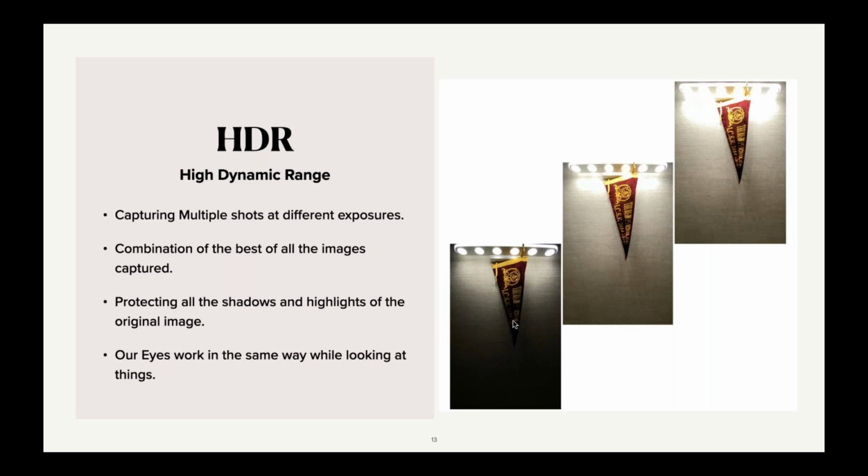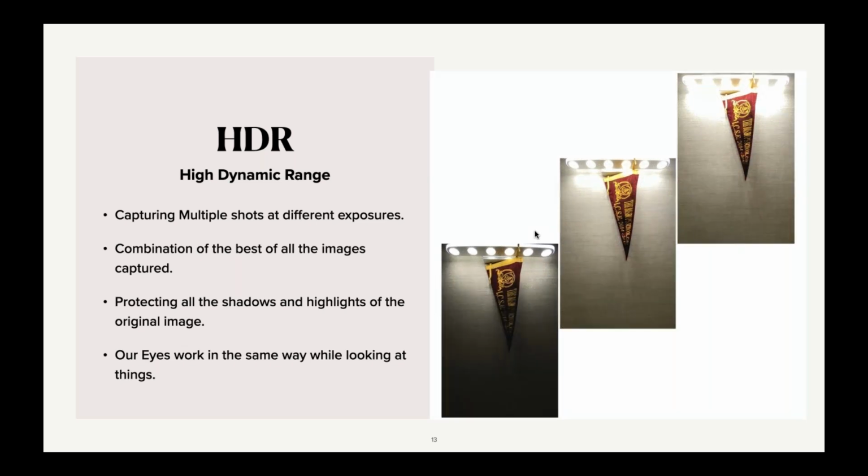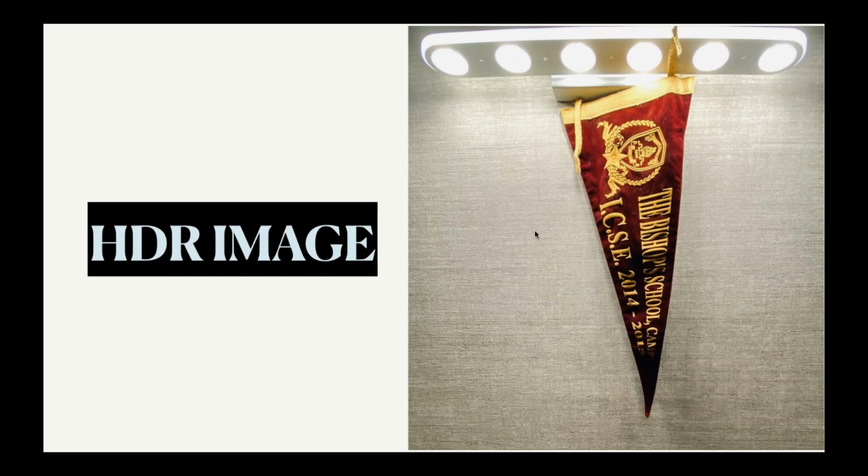The picture with the least shadows is very overexposed and has bright white spots which make the image not good and appealing. In the picture which has more shadows, which is underexposed, the object which we want in focus is disturbed. So combining all three images together, we get the HDR image, which protects all the shadows and the highlights and gives you the photo which you actually want.